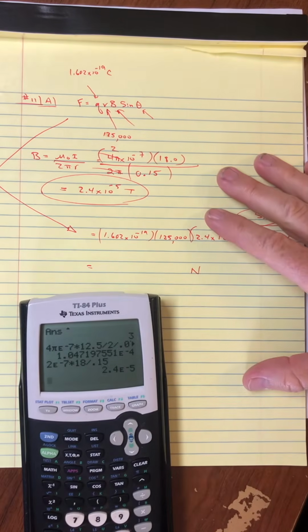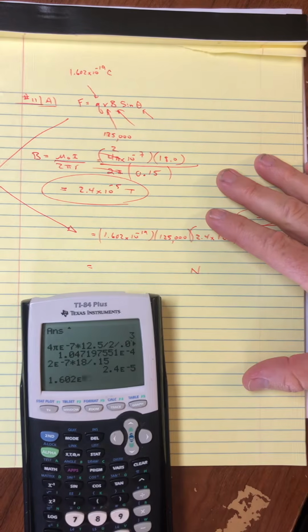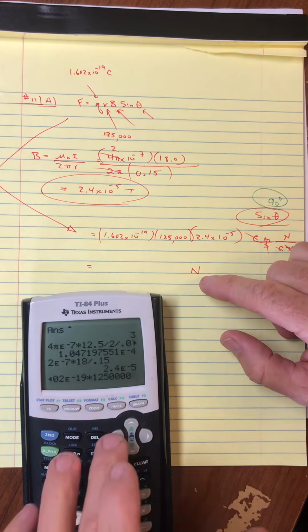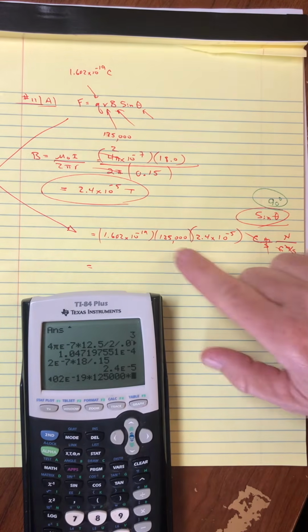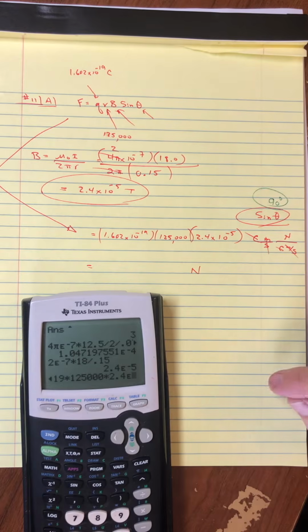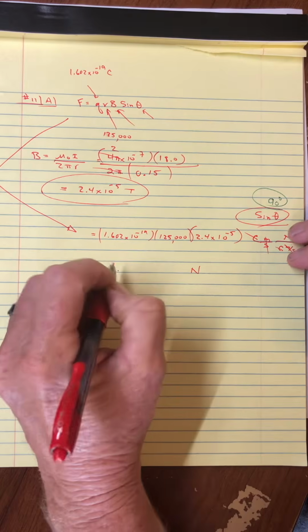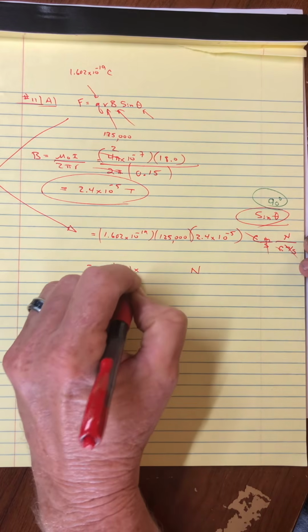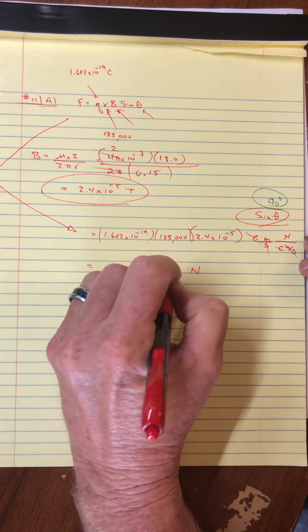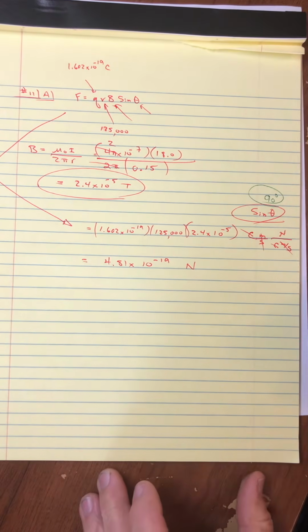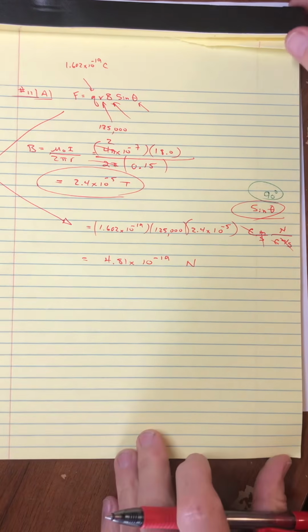I'll just now do my calculation: 1.602 times 10 to the negative 19, times 125,000, times 2.4 times 10 to the negative 5 for the current, and I get a force value of about 4.81 times 10 to the minus 19 newtons. So there's the magnitude of the force.